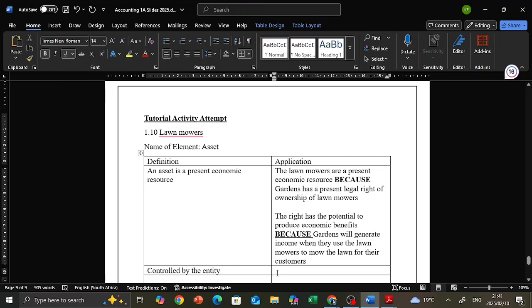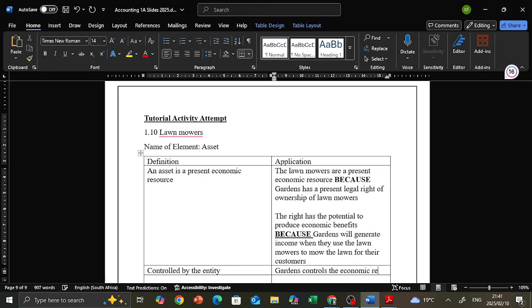Okay, so controlled by the entity. How am I going to apply that? First things first, because it's going to be in the application, we say Gardens controls the economic resource.